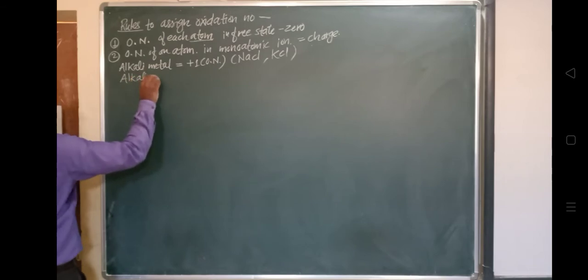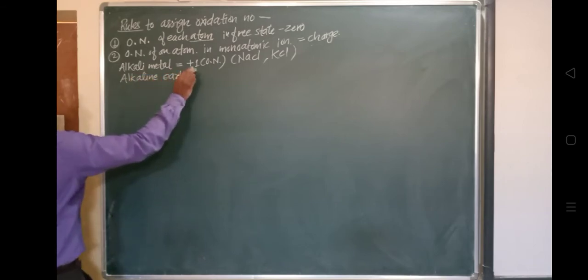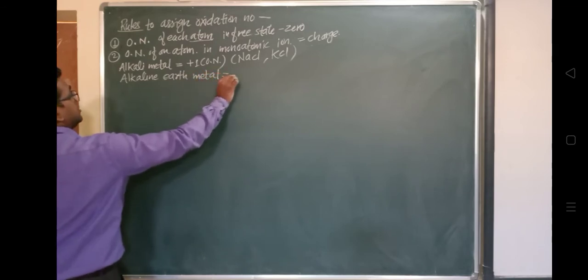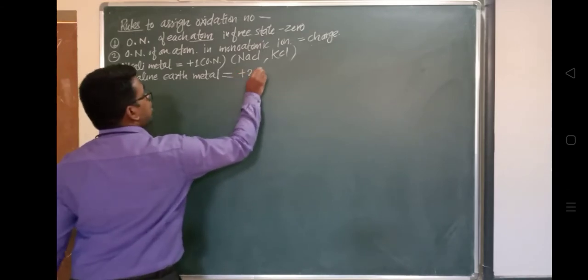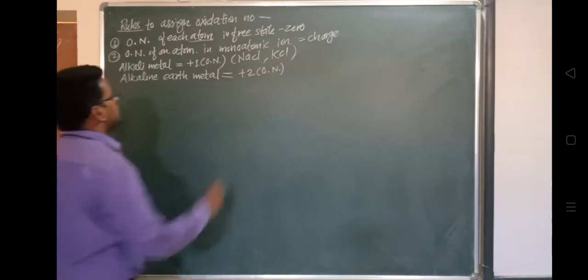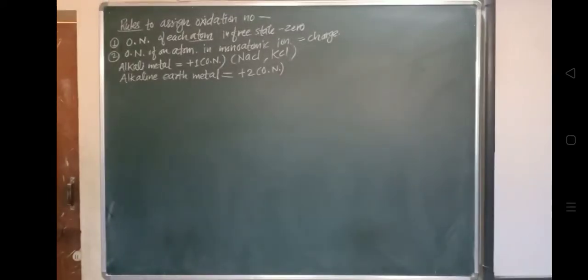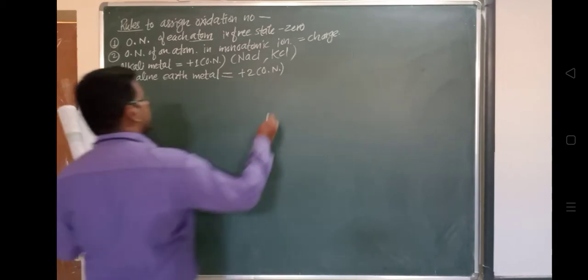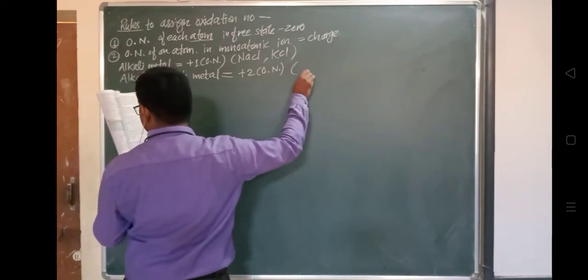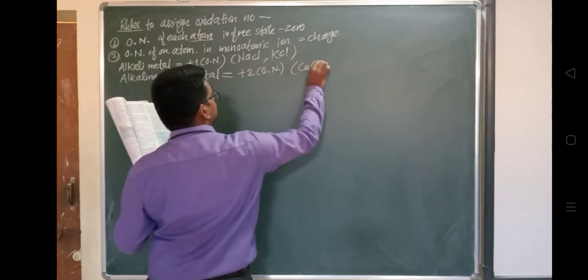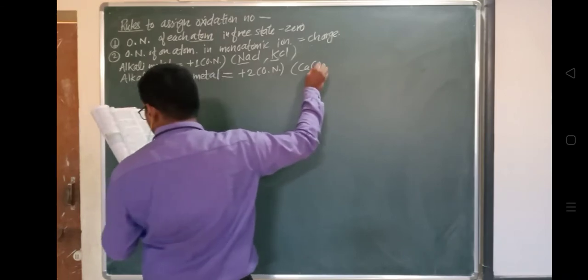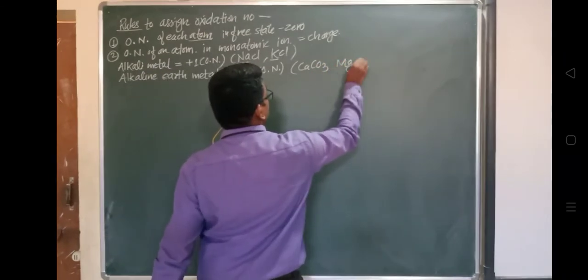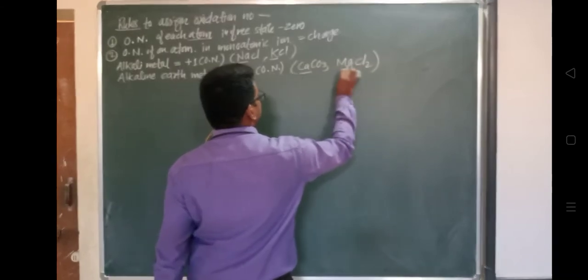So alkaline earth metal is having oxidation number of plus 2, and that will be present in all their compounds, like CaCO3, MgCl2. Okay, Mg2 plus, calcium 2 plus like this. ये देखो Ca2 plus, Mg2 plus charge.